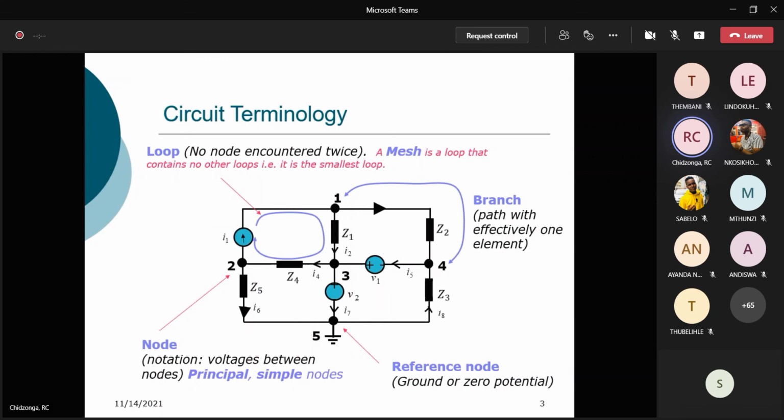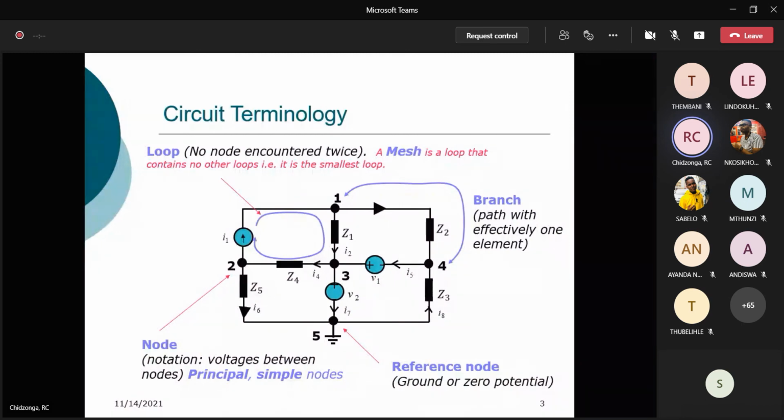The reference node is taken to be 0 volts. So voltage is measured in every instance with respect to a reference node. The voltage at the reference node is taken as 0 volts.